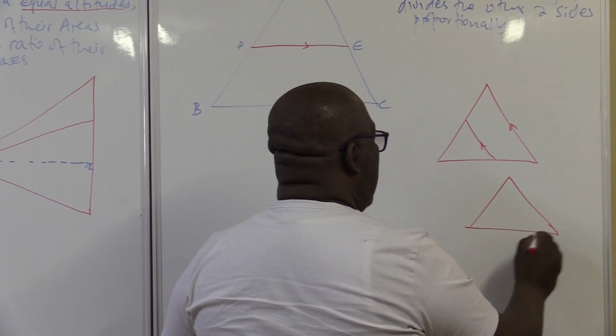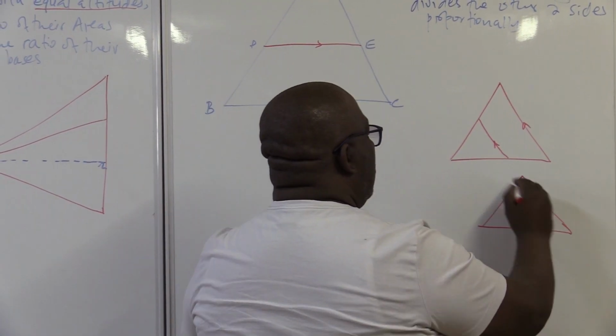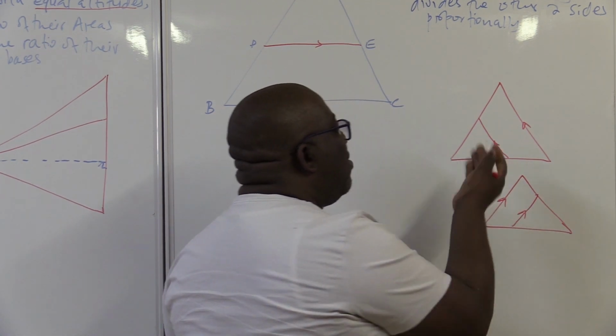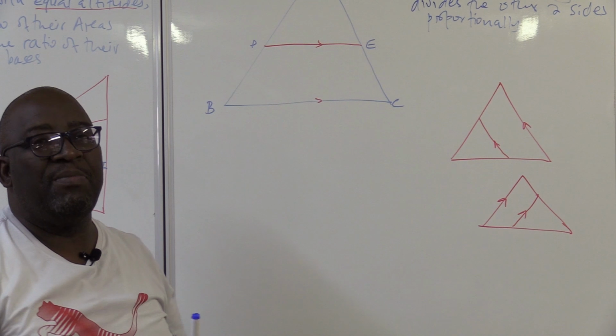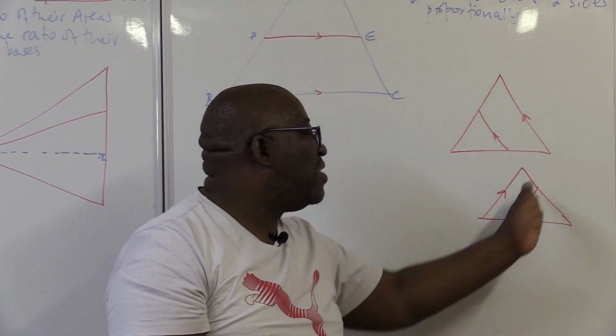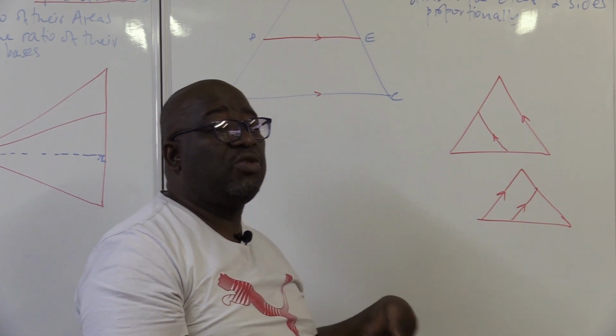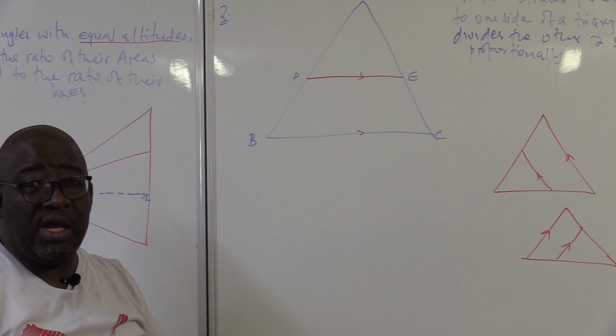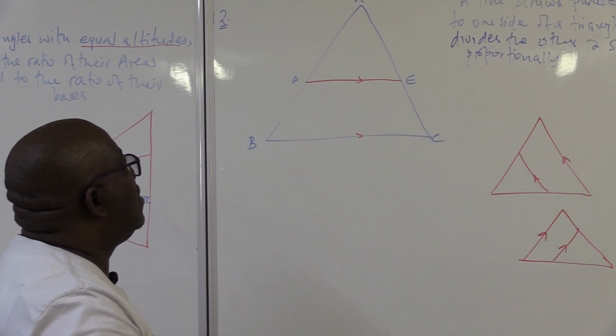We've drawn it parallel to this one in the first one. In the second one, let's draw it parallel to this one. You must be able to see that all these 3 mean one and the same thing. A line drawn parallel to one side of a triangle divides the other 2 sides proportionally. So those other 2 sides become vitally important. Now the proof of this is required in the exams, so let's get on with it.